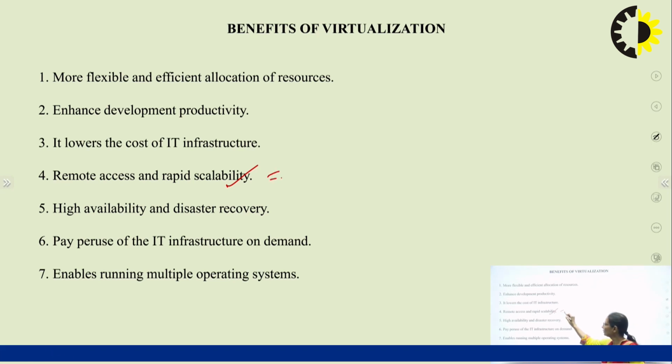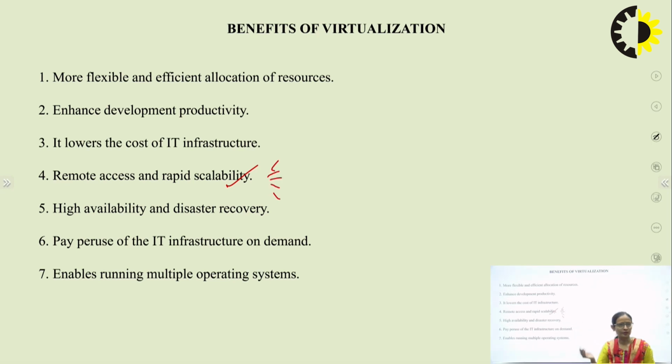Because we create different virtual machines in just a few seconds and allocate them to different users. These users can log in remotely. High availability and disaster recovery are possible in this case. Pay per use of the IT infrastructure on demand enables running multiple operating systems.